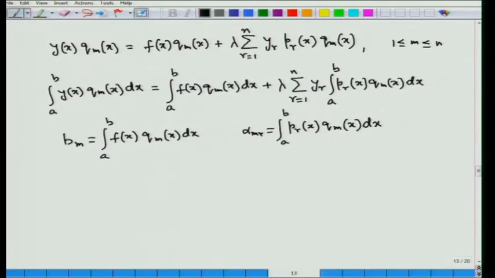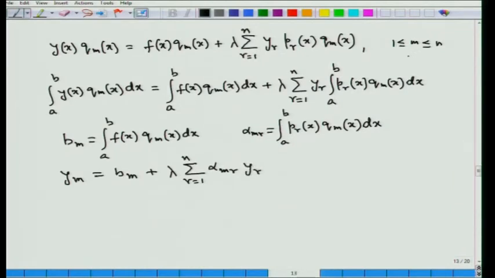Then this result, integral a to b y(x) q_m(x) dx = integral a to b f(x) q_m(x) dx + lambda summation r running from 1 to n y_r integral a to b p_r(x) q_m(x) dx, can be written as y_m = b_m + lambda sigma r running from 1 to n alpha_mr y_r.